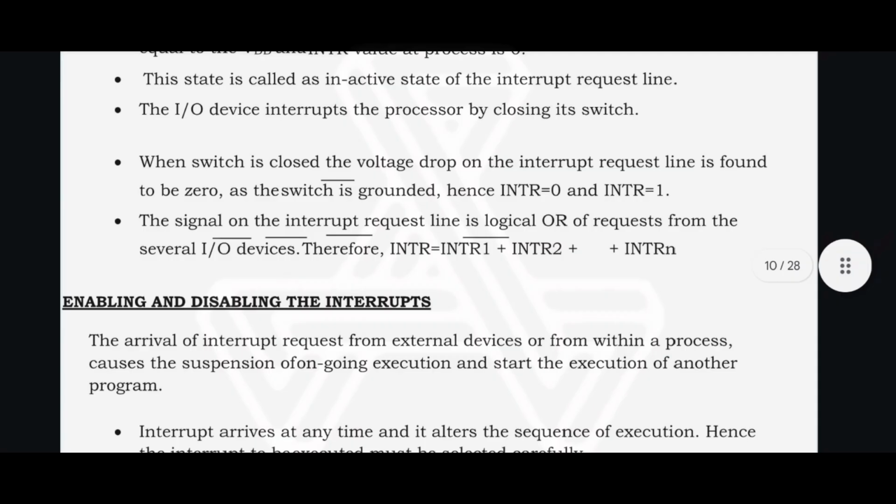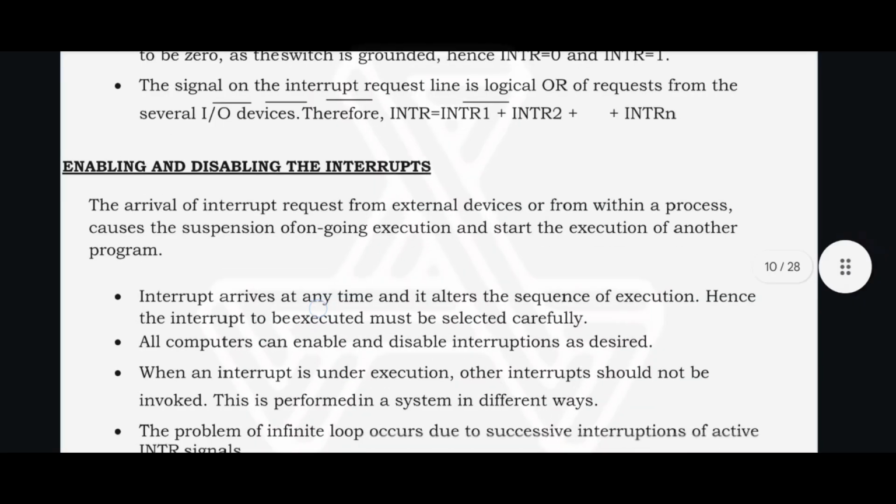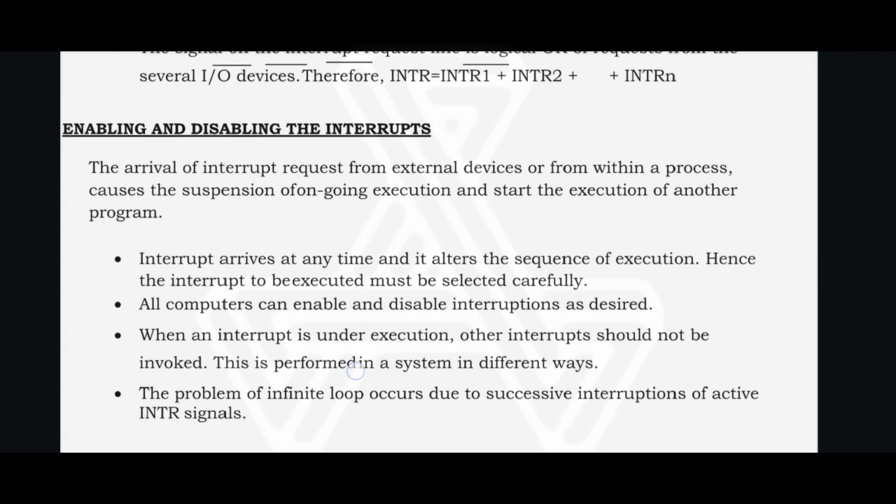When the switch is closed, the voltage on the interrupt request line is found to be 0. As the switch is grounded, INTR equals 1. The signal on the interrupt request line is the logical OR of requests from the several I/O devices. Therefore, INTR equals INTR1 plus INTR2 plus INTRn.